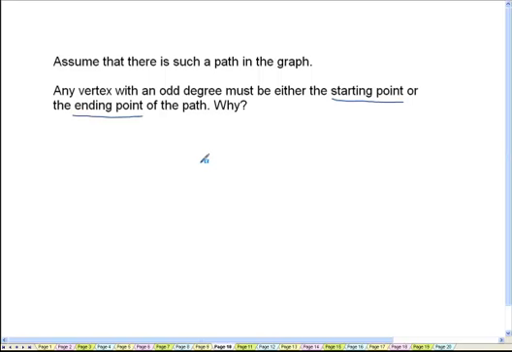In that case, we'll say that the degree of that vertex is even, because the self loop will contribute 2 to the degree of that vertex.